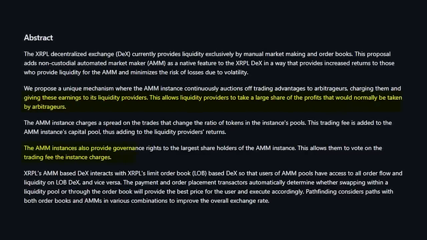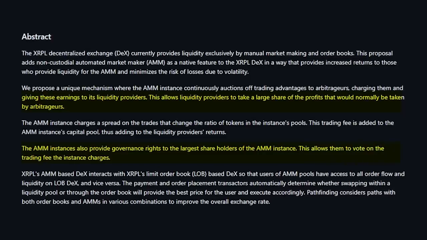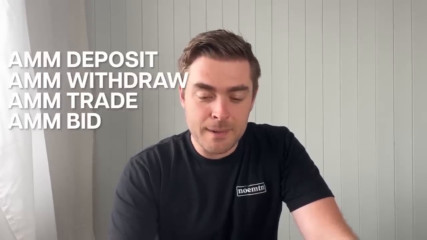Also, everyone who provides liquidity to the pool gets to vote on changes made to the parameters within the AMM. There's some really cool stuff that happens here, and I'm going to get into that in a second. There's the introduction of a whole suite of different transaction types, and I'm going to read them off here. One is AMM deposit, AMM withdraw, AMM trade, and AMM bid.